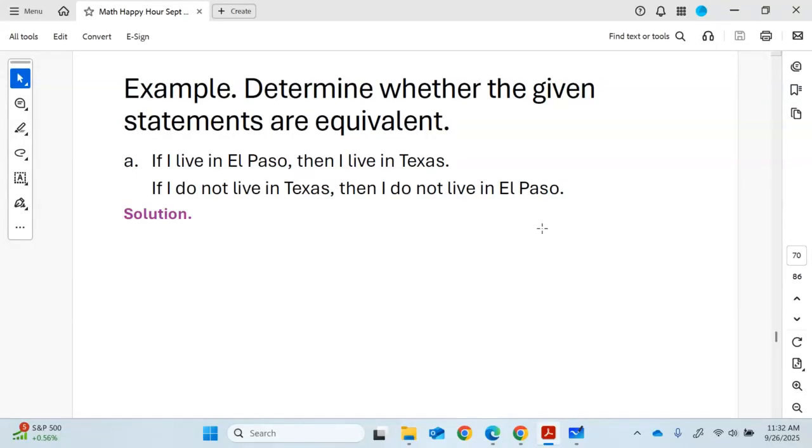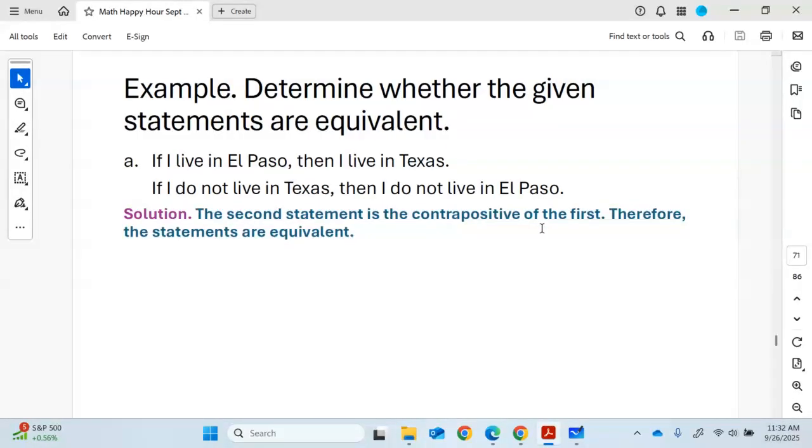Well, let's put them in symbols. Well, actually, I'm not going to put them in symbols. But if I were to put them in symbols, the antecedent, the P statement, would be, I live in El Paso. And notice that on the second statement, I have the negation, and it appears in second place. I do not live in El Paso. And the same thing, I live in Texas. I changed places and I've negated.